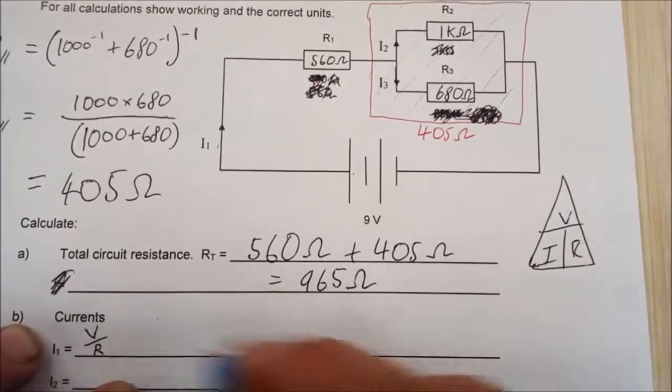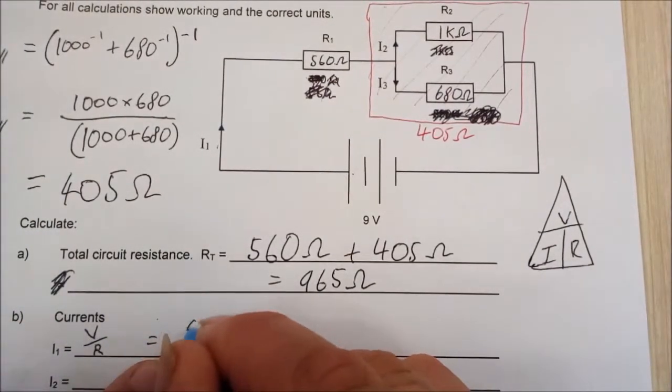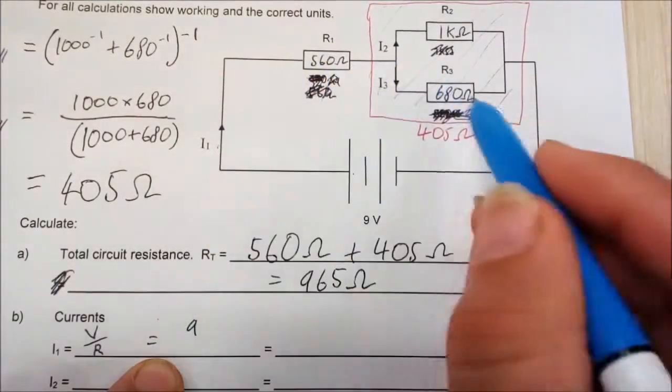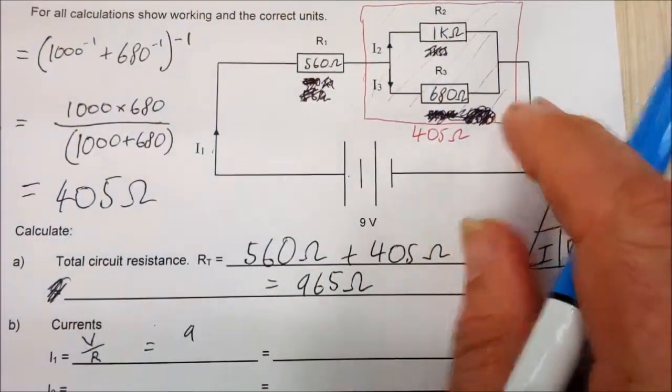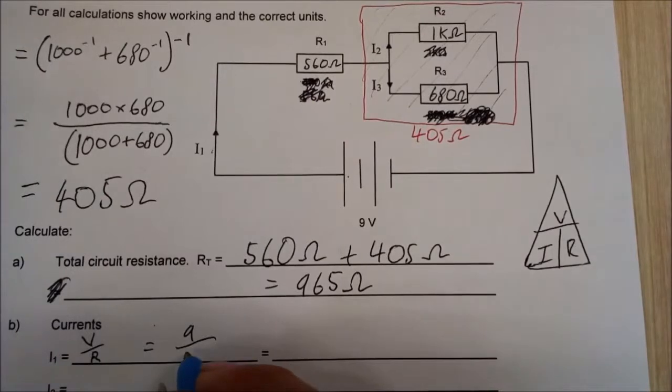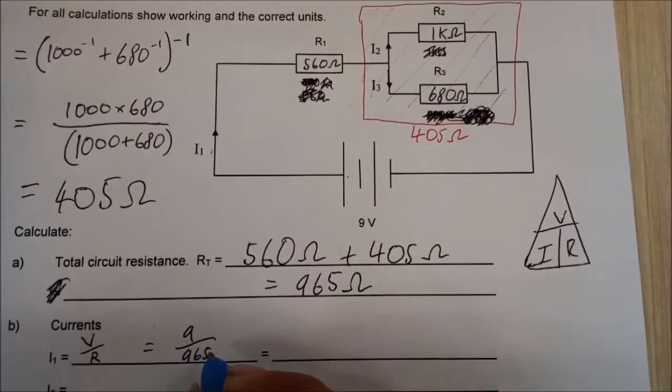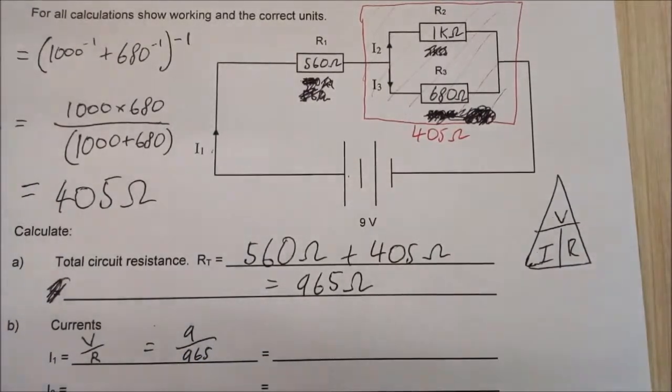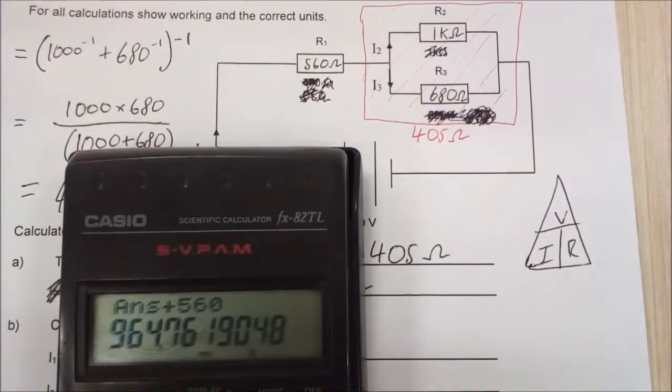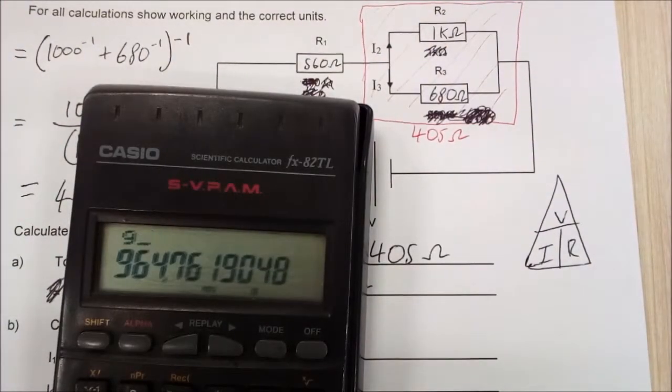V for the whole circuit is 9 volts. So this whole network of resistors sees 9 volts across it, and its resistance, of course, is 965.